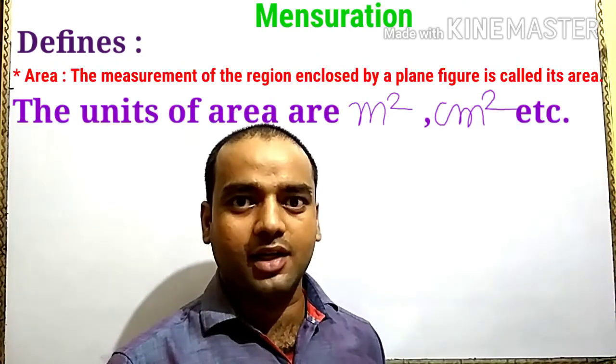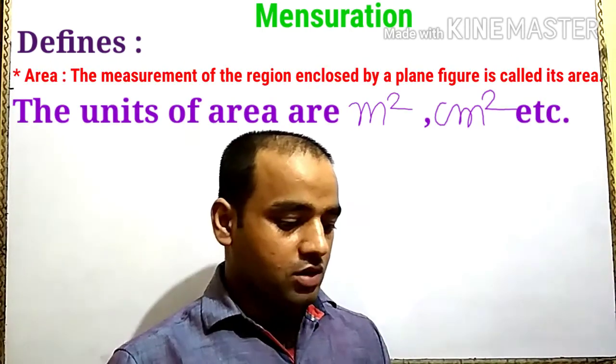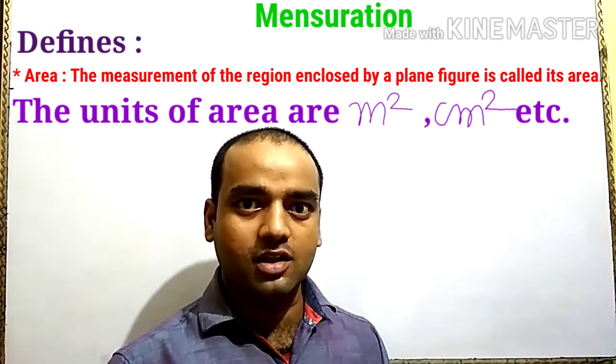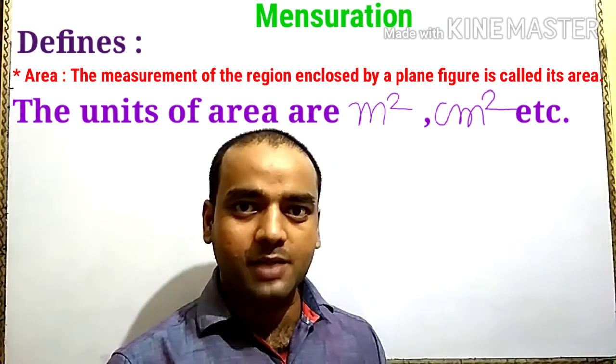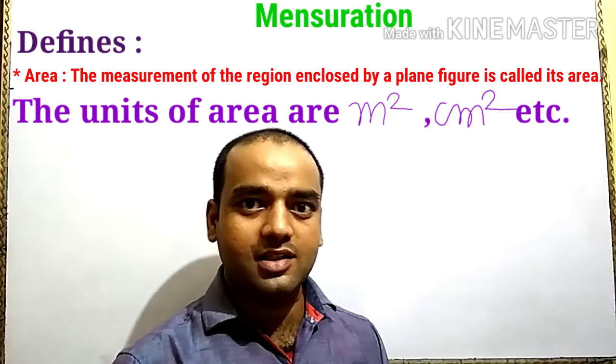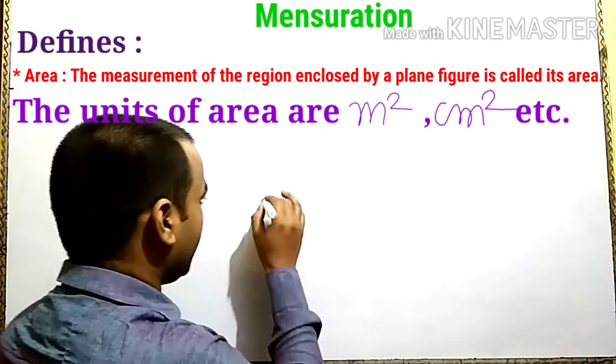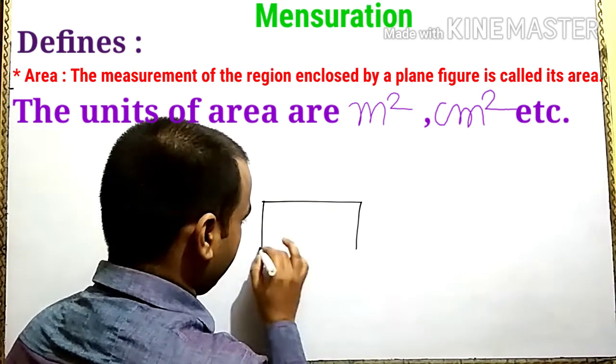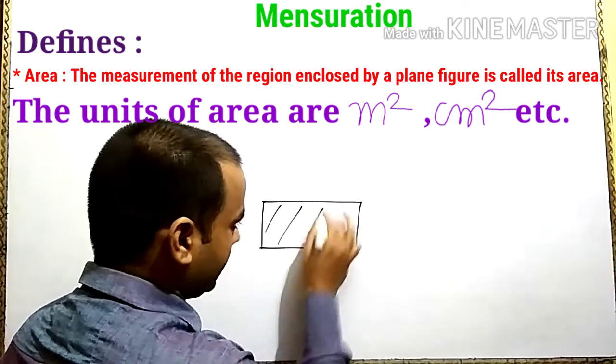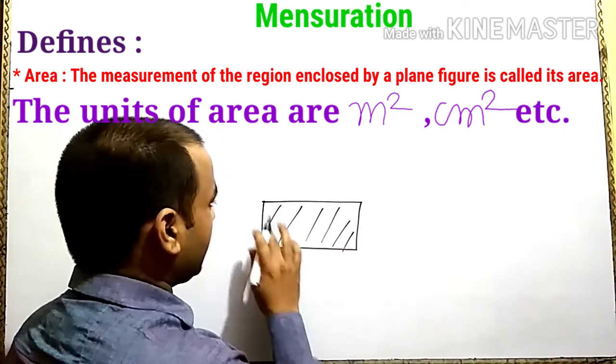Next define area. What is area? The measurement of the region enclosed by a plane figure is called its area. For example, here take a rectangle. This is interior of rectangle.